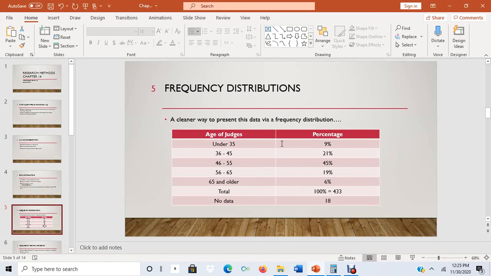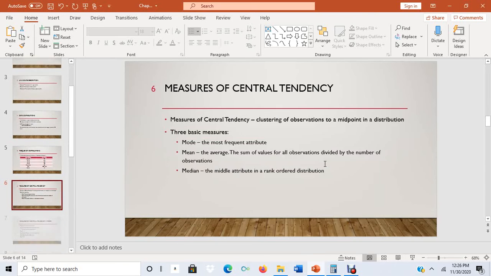So we don't see too many young judges. And also we know a lot of judges tend to retire, so I think that's probably why we don't see a lot of older judges. But most of our judges fall between the ages of 46 and 55. All right, that's the largest category at 45%. So this is just kind of the story that this data tells us.